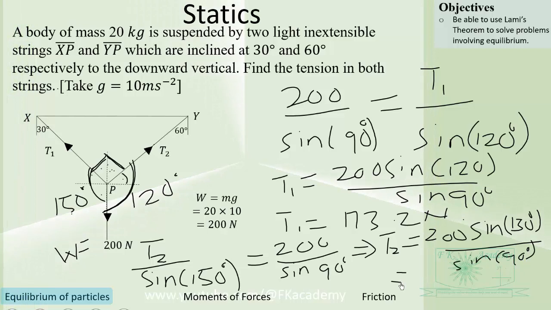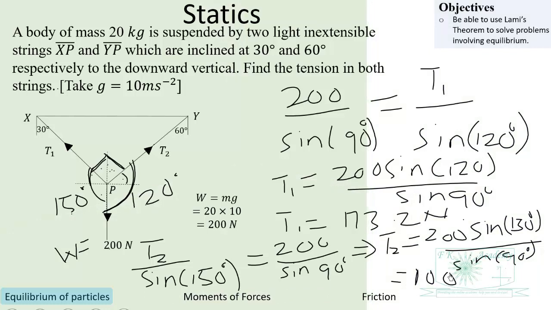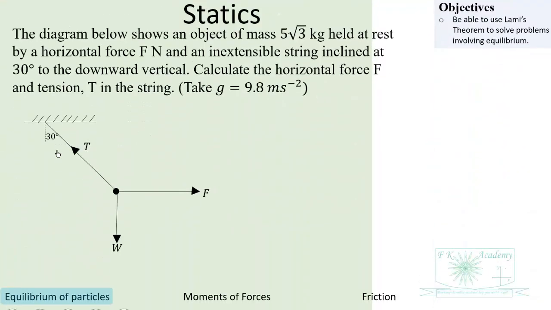And this will simplify to 100 newtons. Remember that sine 150 is half. So we found the two tensions, 100 newtons for T2 and 173.2 newtons for T1.